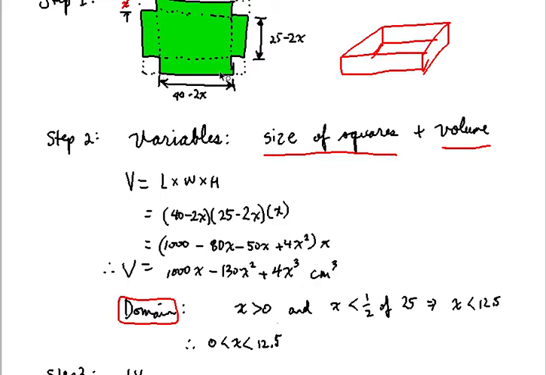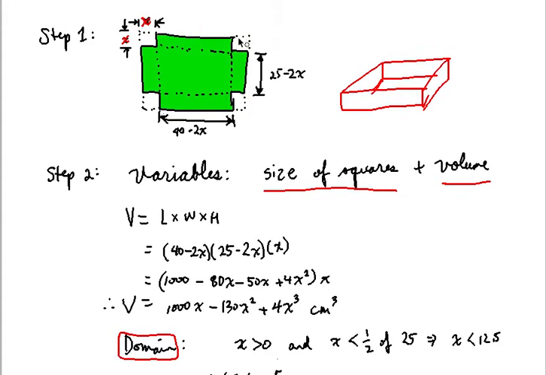In this case, x, the size of my square, has to be bigger than 0, right? It's got to be a positive square. If I have a negative distance, that's not possible. And also, x must be less than half of 25. How did I get that half of 25? Well, from here to here, that's 25, right? So the biggest possible square would probably look something like this.